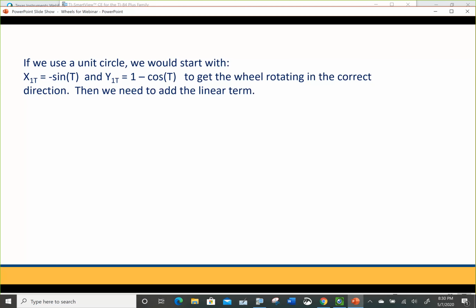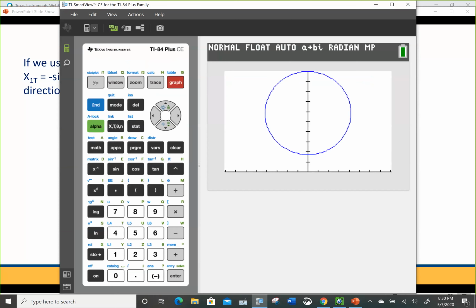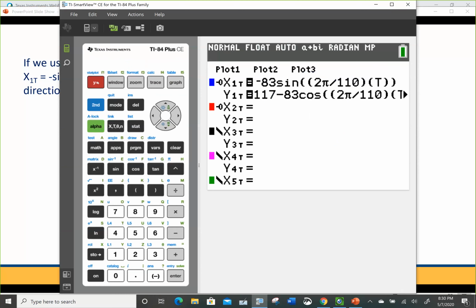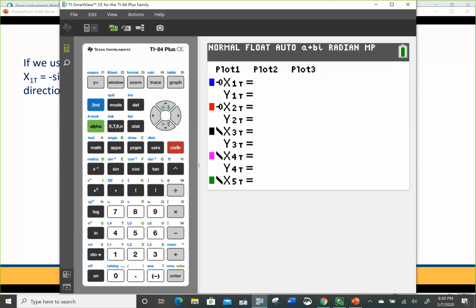Okay. In fact, I'm going to go ahead and put this much in the calculator so that we can get it set up to do the next step. I'm going to clear out the Ferris wheel and start out with negative sine t and 1 minus cosine t.